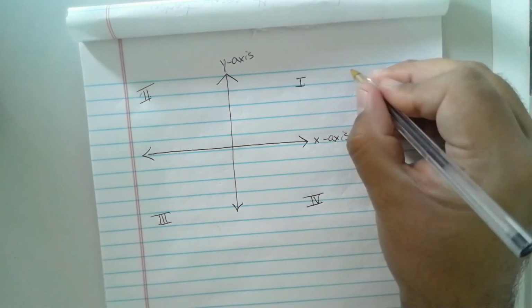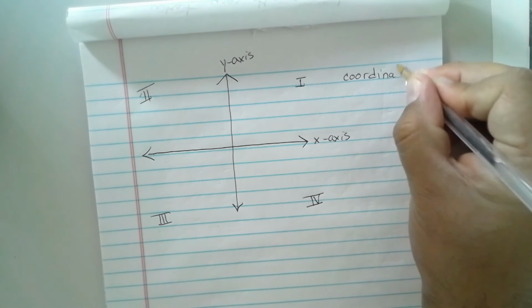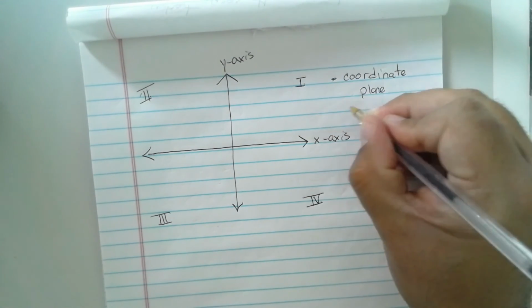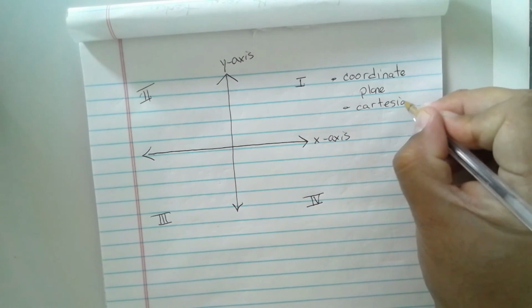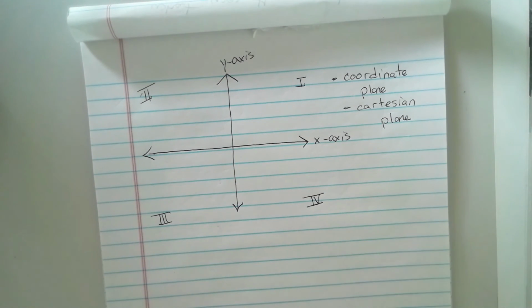Again guys, this has an appropriate name. You could hear it in your books. It's sometimes called the coordinate plane. And in some books, it's also called the Cartesian plane. So let's say you are given specific coordinates on the coordinate plane.